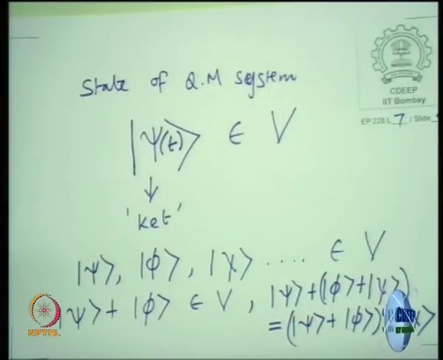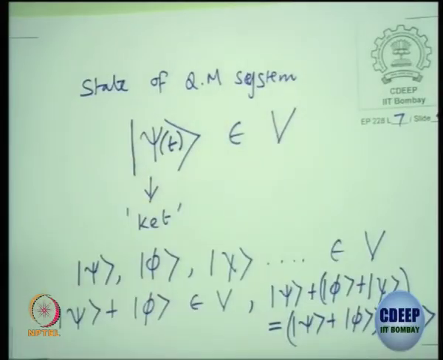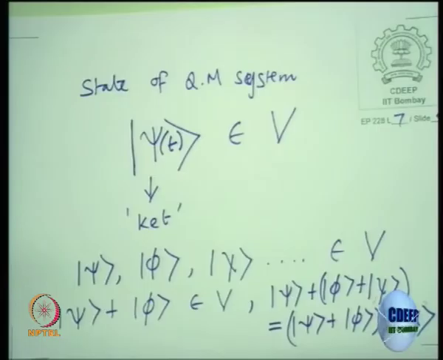X as a function of t you will not be able to get unless you give a set of equations. Similarly, I need to give an equation, an empirical equation, to find the time evolution of the state.